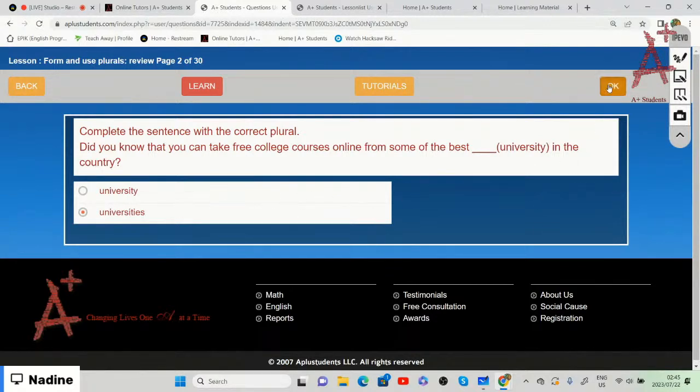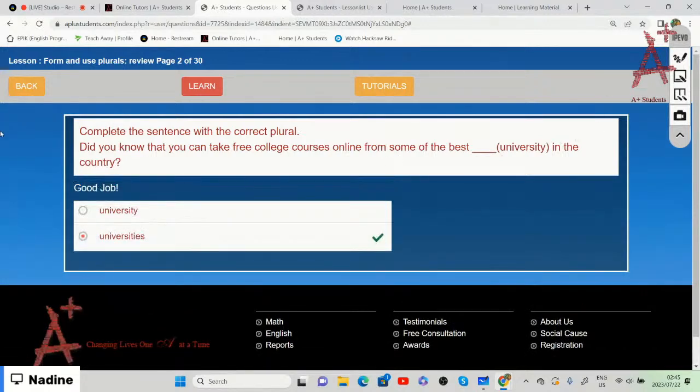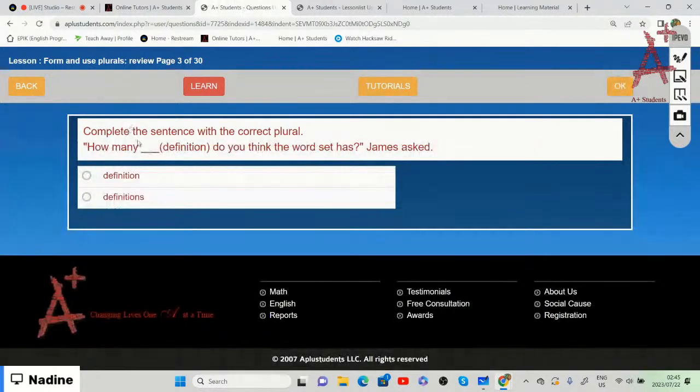So, universities. All right. How many definitions do you think the word set has? Is it definition or definitions? So if we're talking about how many, then we're going to say it is definitions.